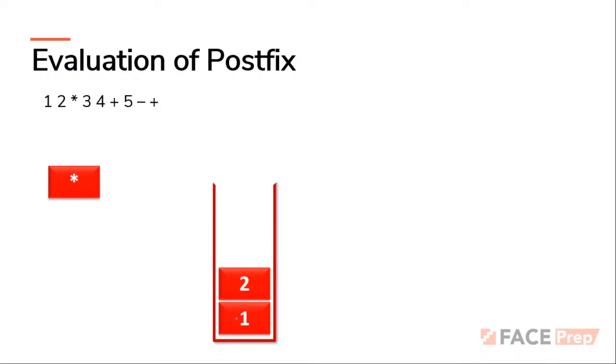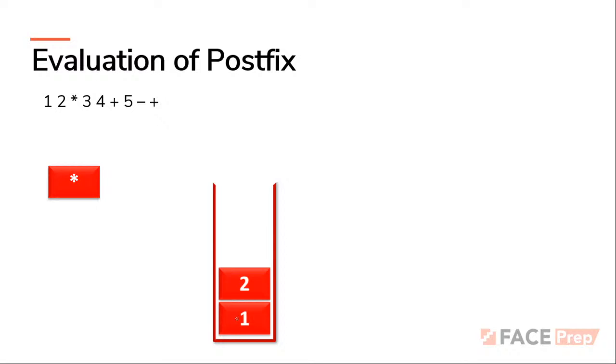Here most people will get confused. Listen carefully, because you can say, sir, 1 into 2 and 2 into 1 both are the same, right? Of course both are the same. But when I go for division, 2 divided by 1 and 1 divided by 2 give different answers. So there is a chance of getting wrong answers. So make sure whenever you are popping an element from the stack, the topmost element should be considered as my second operand and the next one as my first operand.